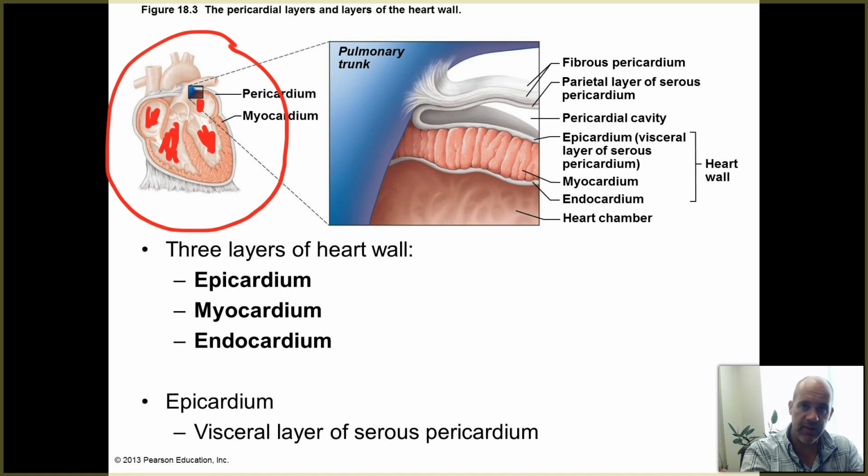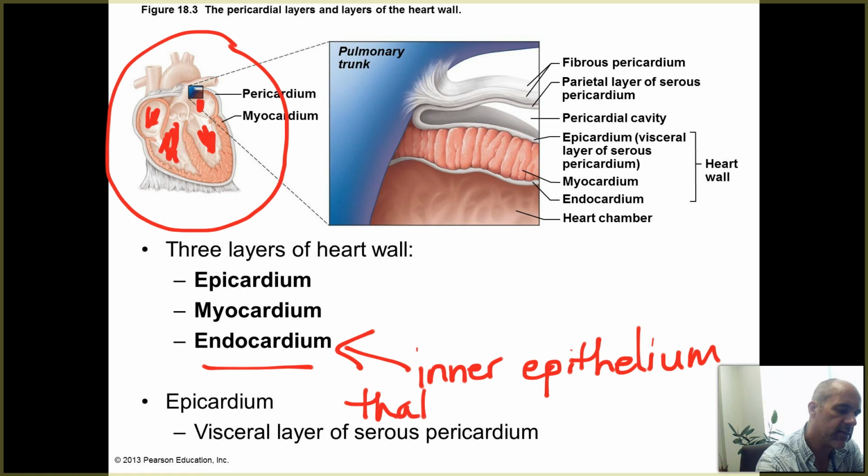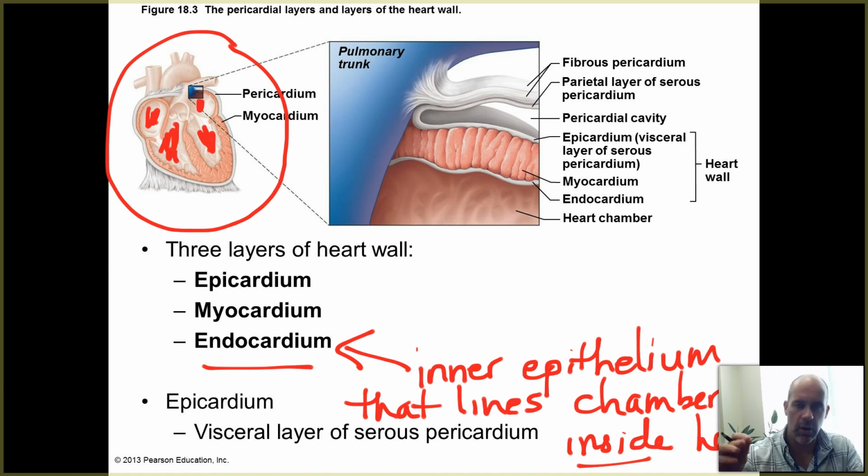So the chambers inside the heart are going to have a very thin inner lining. That's called the endocardium. That's the inner epithelium that lines the chambers inside the heart. That's the endocardium.